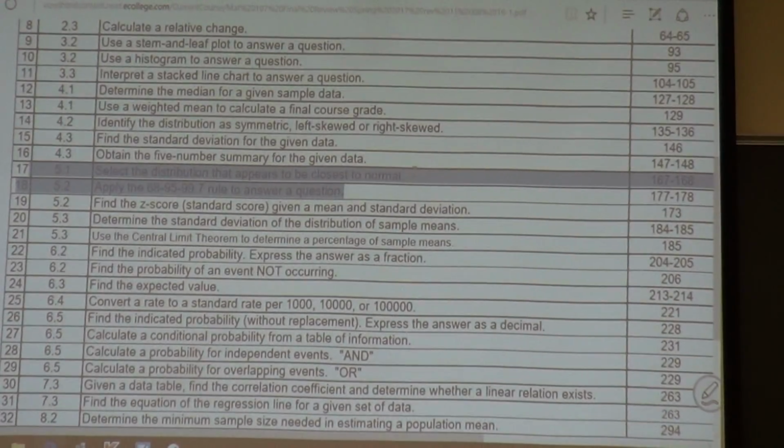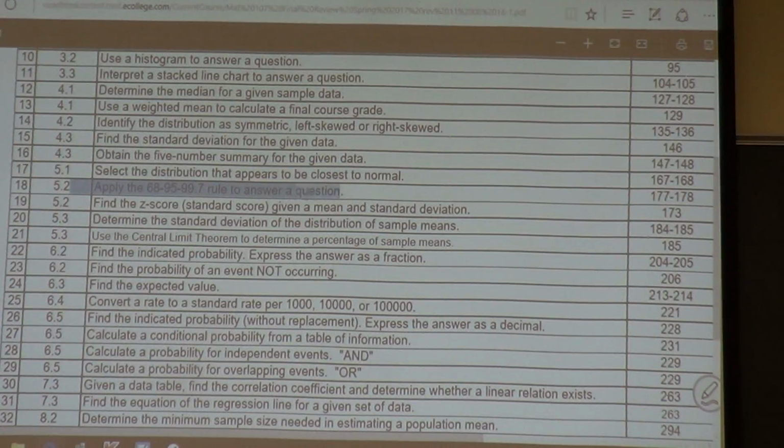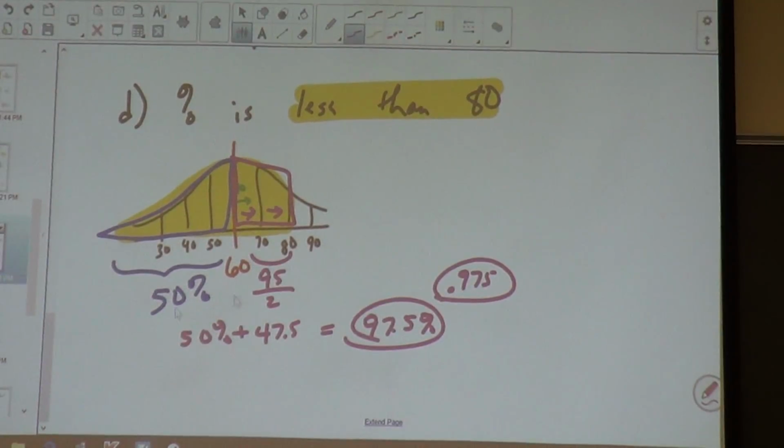So I'm going to give you a multiple choice question with one that's left skewed, one that's right skewed, and one that's normal, and say, pick the one that's normal. Then I'm going to give you one question that says, apply the 68, 95, 99.7 rule. So you're going to have one of those on the exam. You're going to have a bunch on the homework, but only one on the exam.